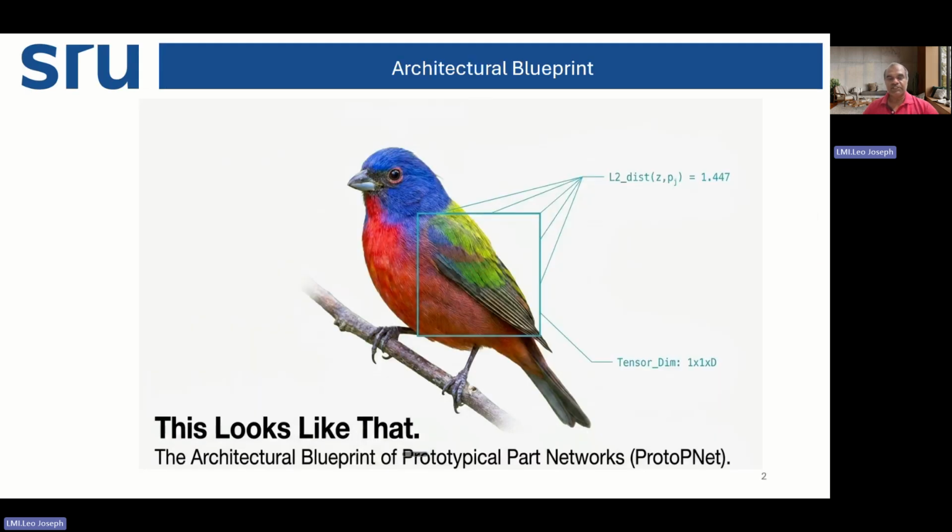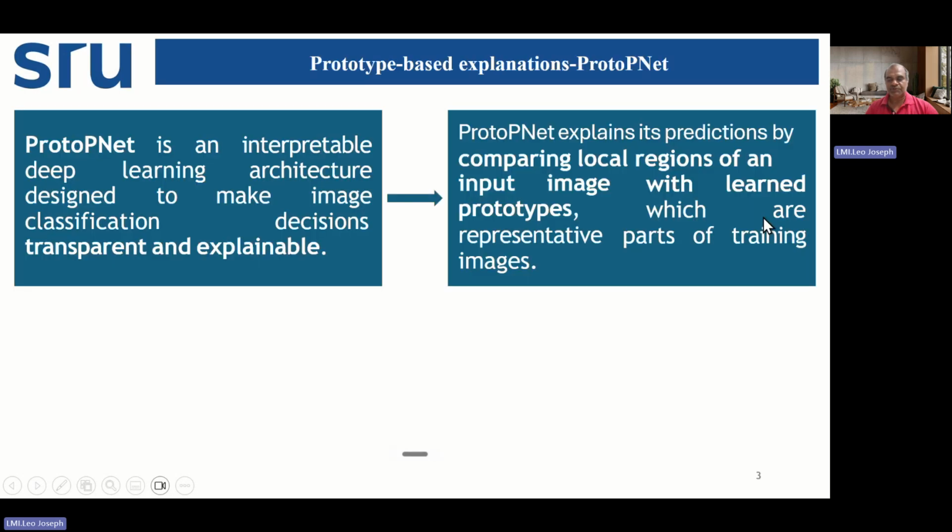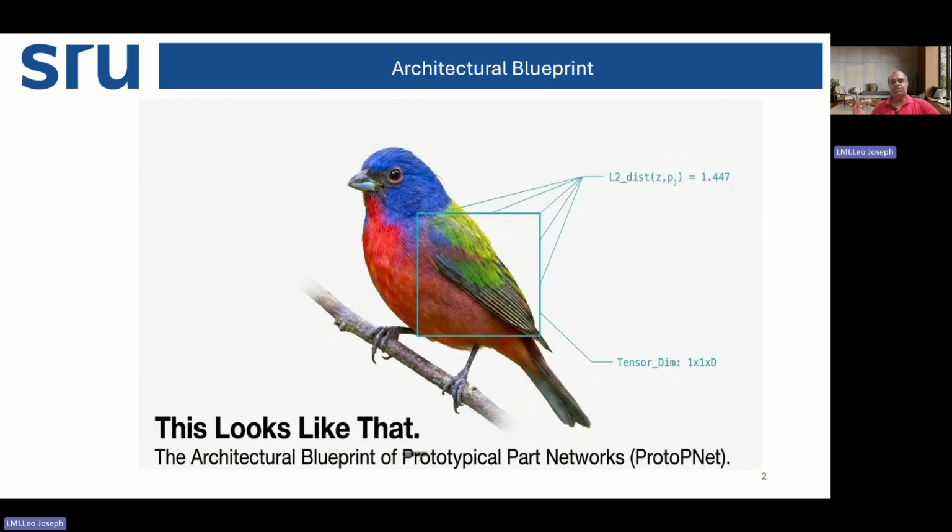Here you can see the actual blueprint of what we are taking into account. This single diagram itself explains ProtoNet. That is what we are going to explain hereafter in this lecture series.